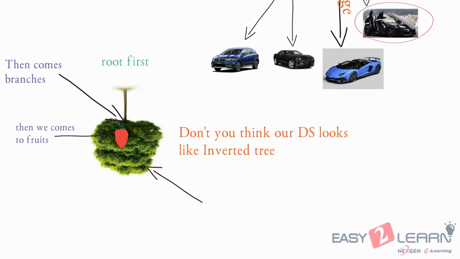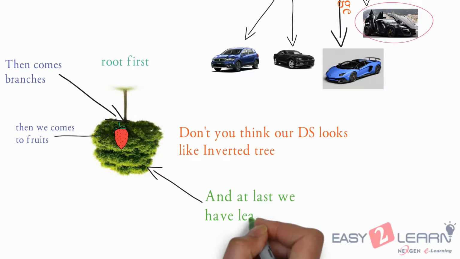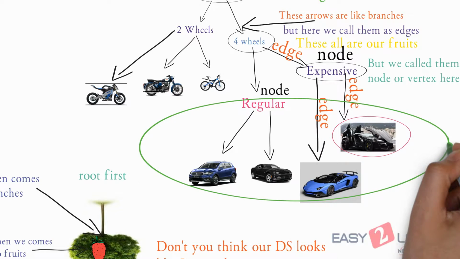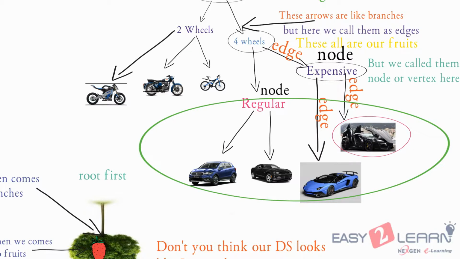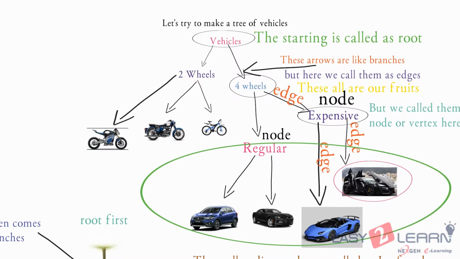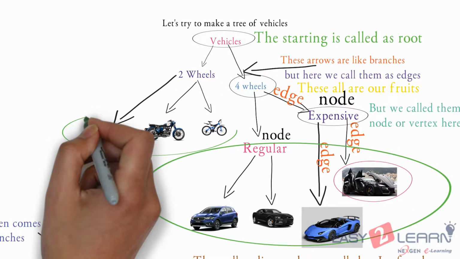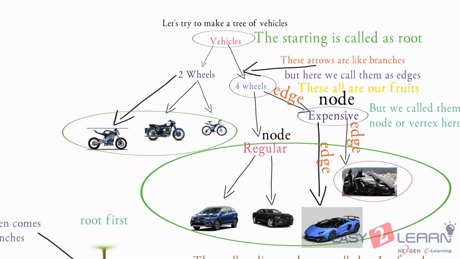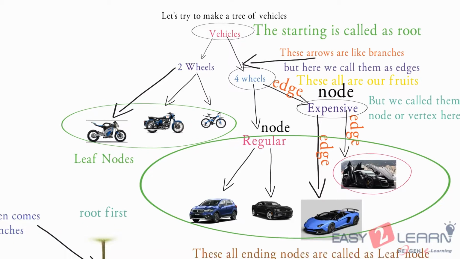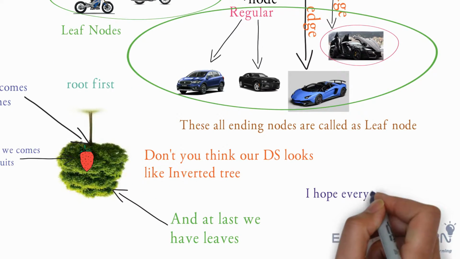So the last part, these are leaves. So all these ending nodes are called leaf nodes. I hope everything is clear till now.